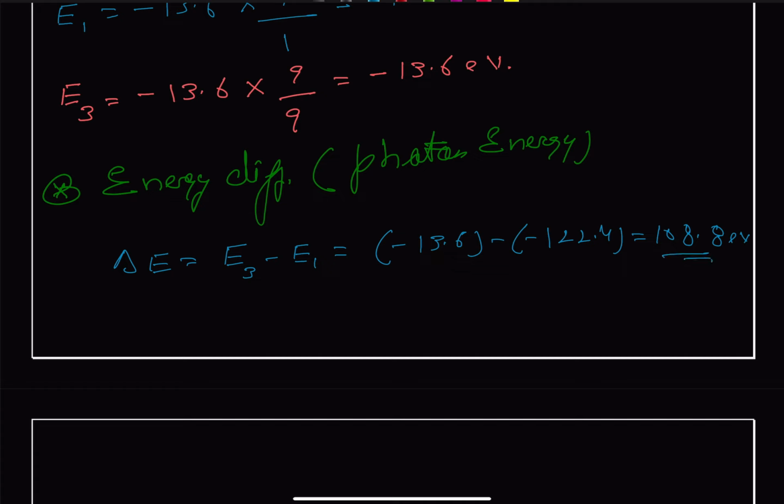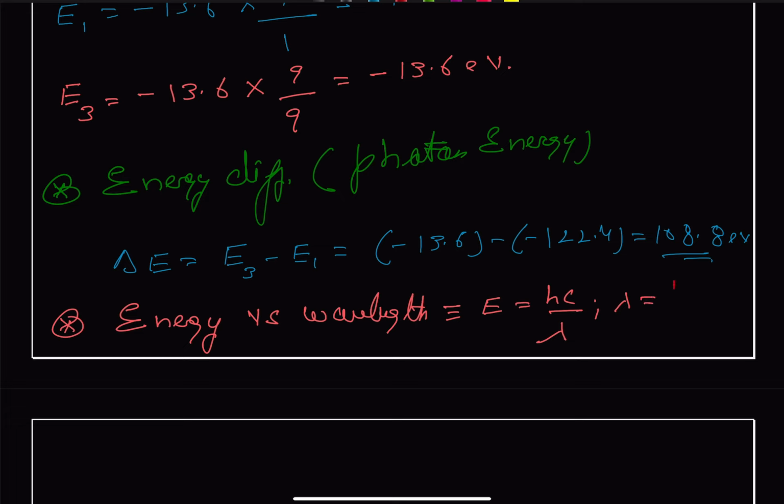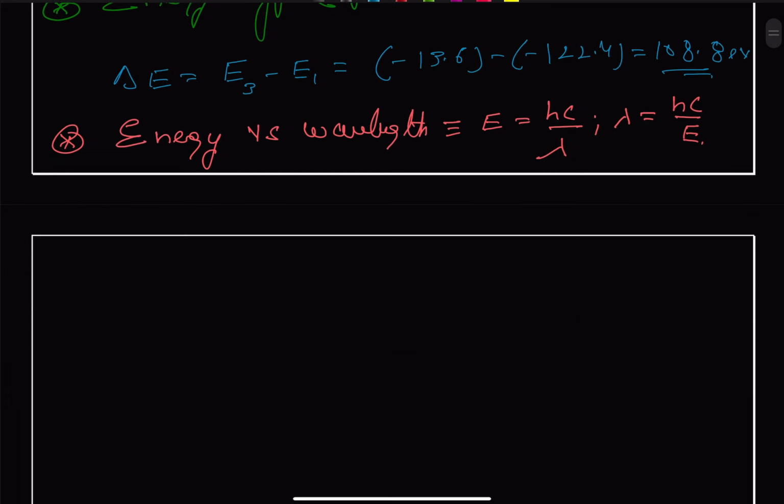And we can use the relationship of energy and wavelength, which gives us that energy is equal to hc upon lambda. From here, lambda is equal to hc upon E, and in this case E is in joules, so we convert it when we substitute the values.